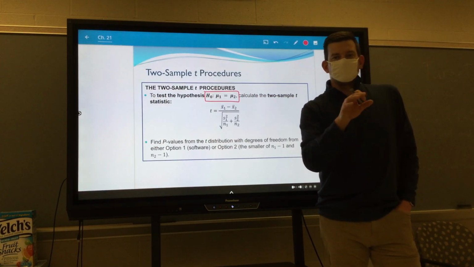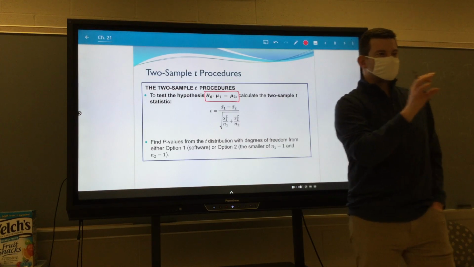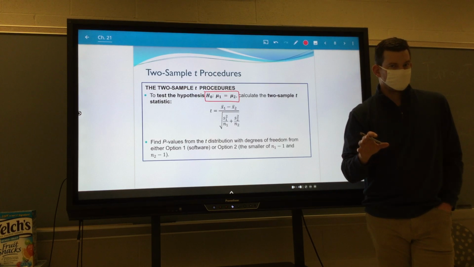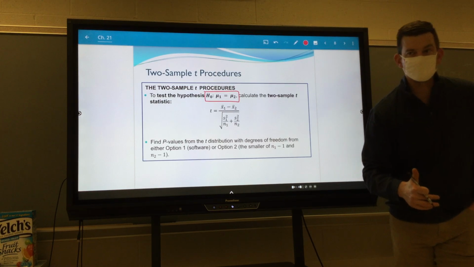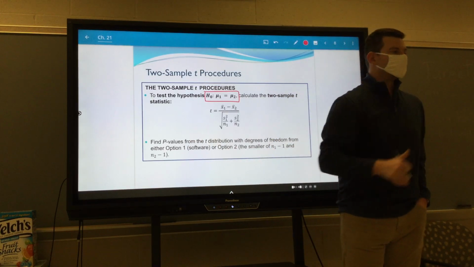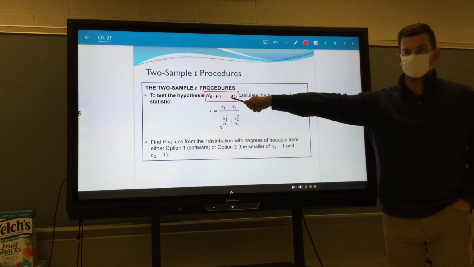I'm going to say something that I'll probably be saying a lot over the next several days. A difference of 0 means there's no difference. So the null hypothesis is saying that there's no difference between the treatment group and the control group, that they are the same.